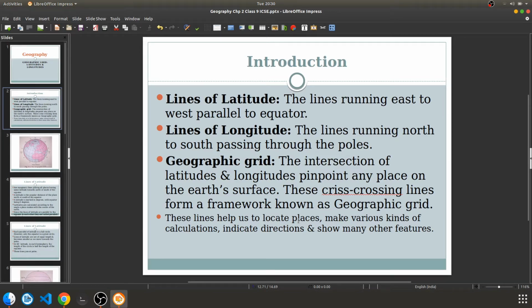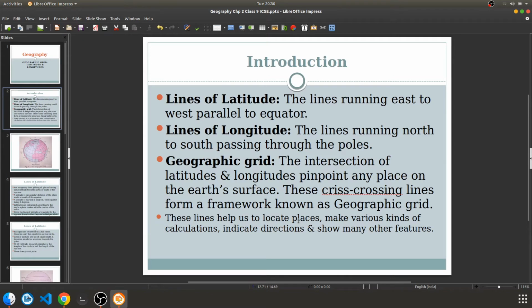Why? Because they give the particular degrees and at which side, north or south. So a specific location can be identified with these grids. Various kinds of calculations are also done with the help of the geographic grid. It also indicates directions.